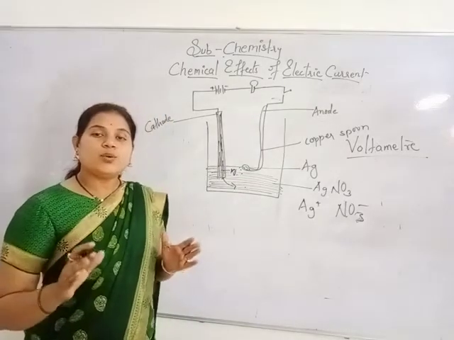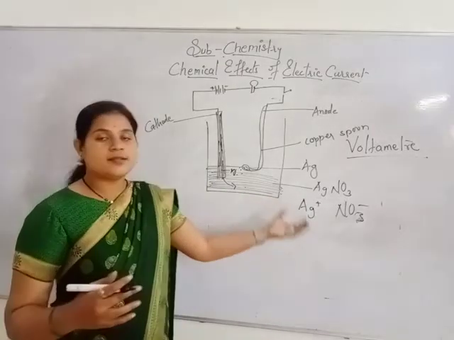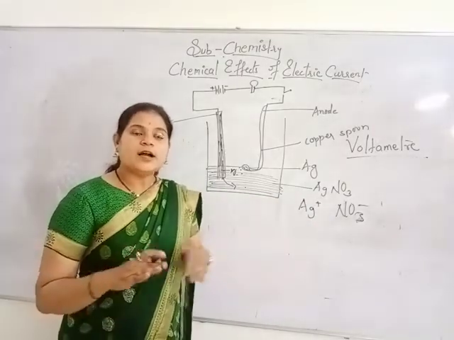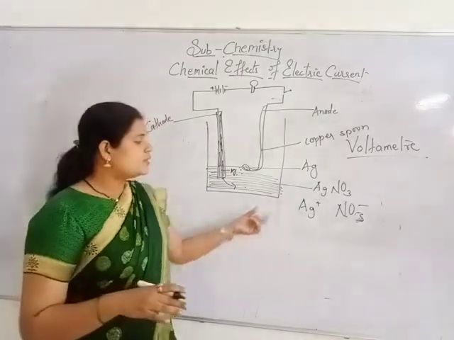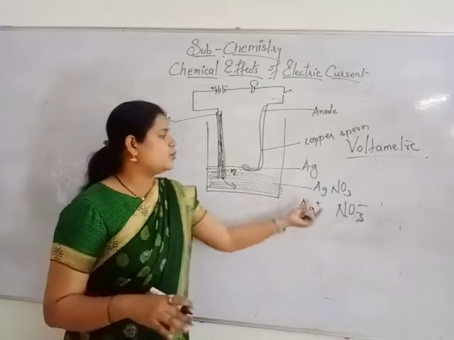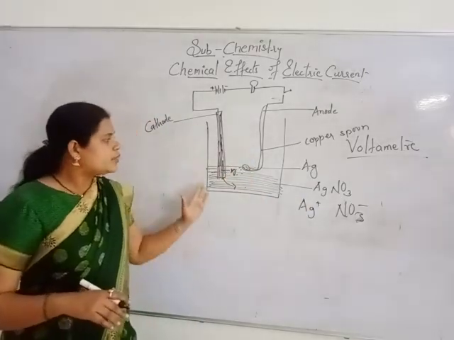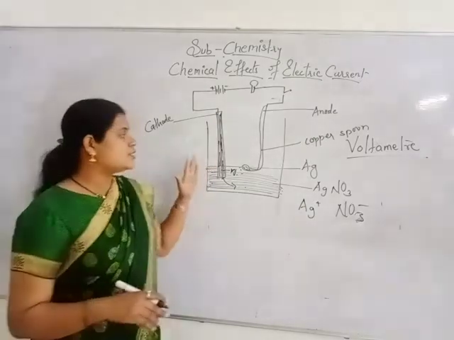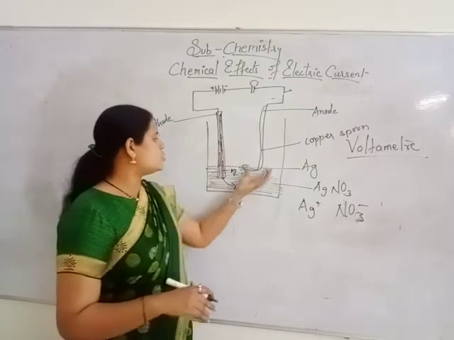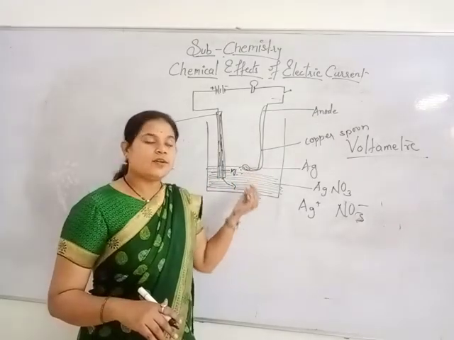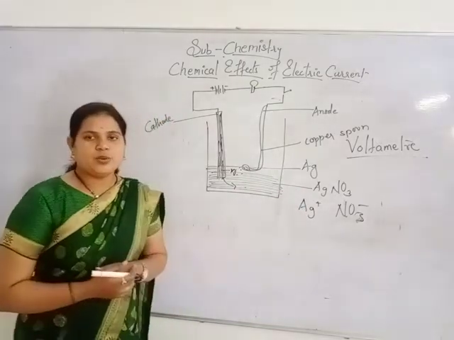So there won't be any lack of silver ions. The amount will be equal. There will be no loss of silver ions, as the silver ions from the AgNO3 solution are getting deposited on the spoon. On this part, the spoon, the deposition of silver will be there after the current has been allowed to pass.